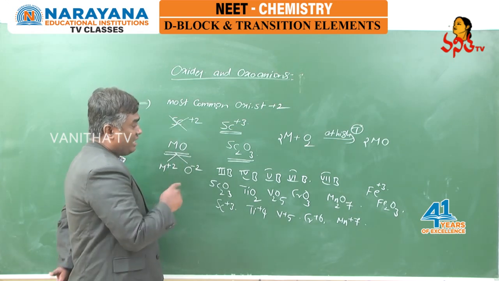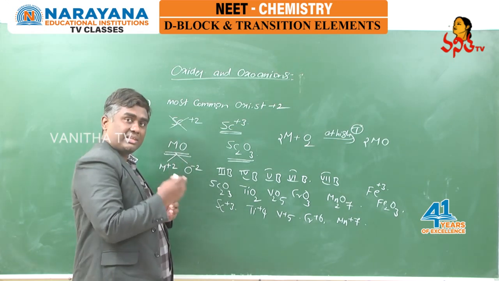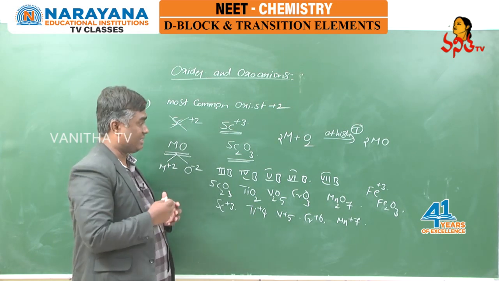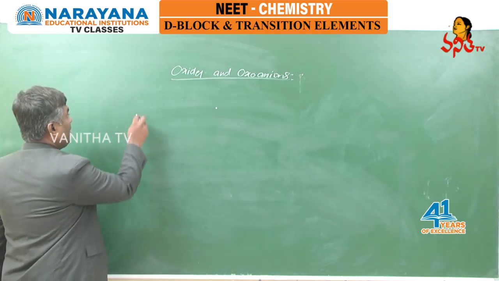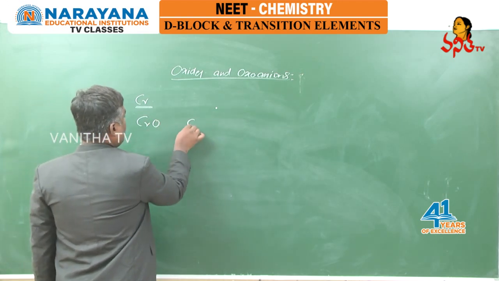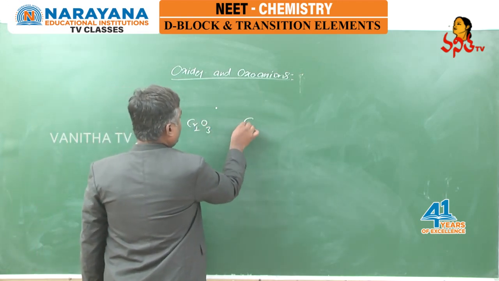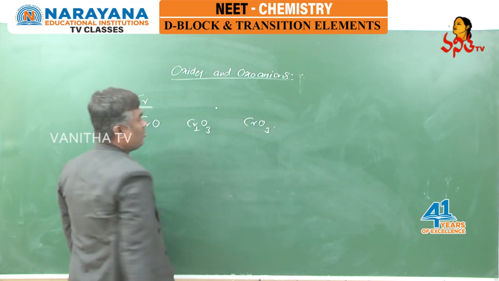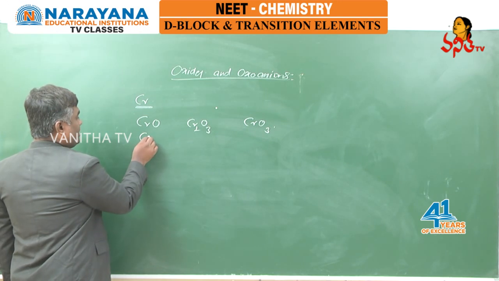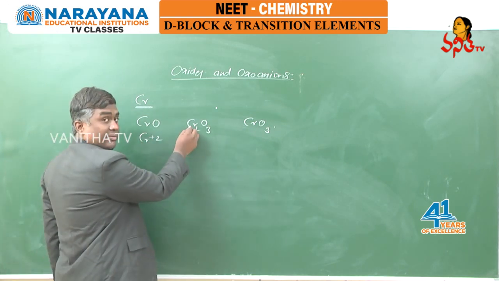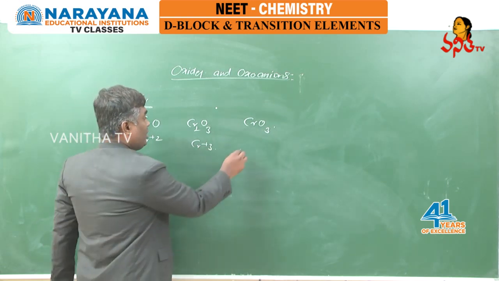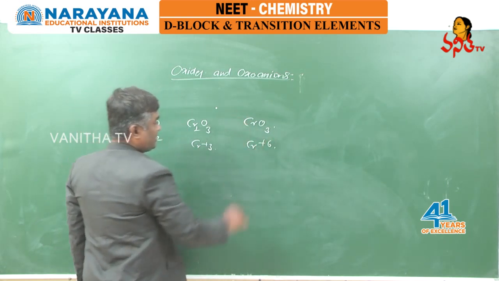Now after that, here the oxides are acidic in nature, basic in nature, amphoteric in nature. How to discuss? Let us see. Now if you look at chromium, chromium can form CrO, Cr2O3 and CrO3. And here if you see, in CrO, chromium is exhibiting +2, in the form of Cr2O3 it is exhibiting +3, and in the form of CrO3 chromium is exhibiting +6 oxidation state.